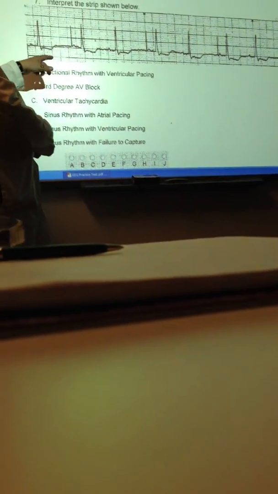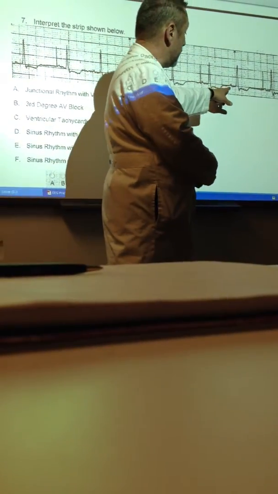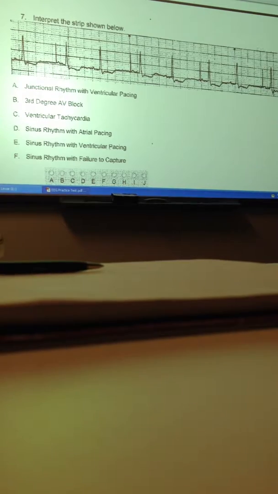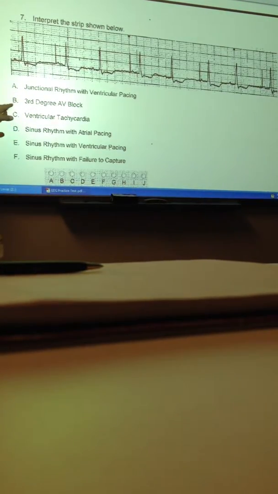It's atrial. Regular. So you got a pacer spike here, there's nothing here. You got a pacer spike here, there's nothing here. Pacer spike, not a pacer spike, and a pacer spike. We know it's an atrial pacer because it's before the P wave. So we can throw that one out, we'll throw that one out, we'll throw that one out.